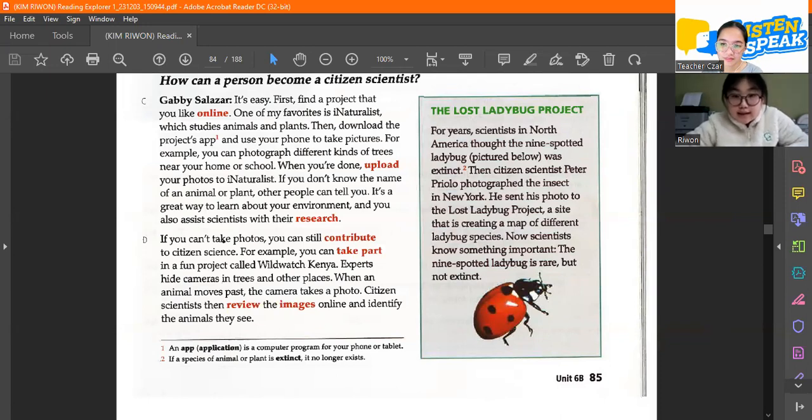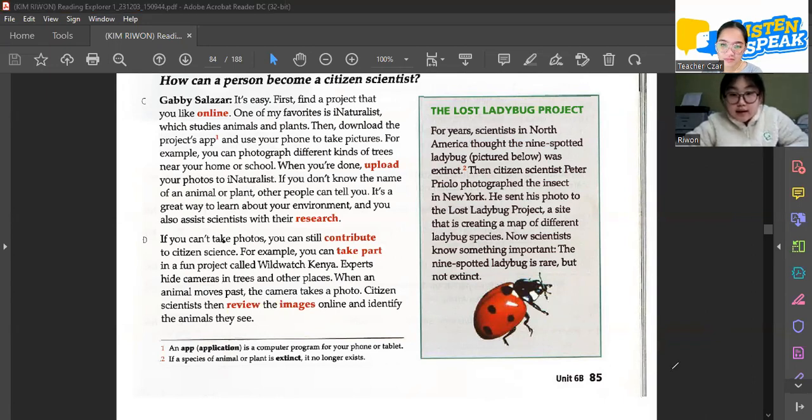He sent his photo to the Lost Ladybug Project, a site that is creating a map of different ladybug species. Now, scientists know something important. The nine-spotted ladybug is rare but not extinct.